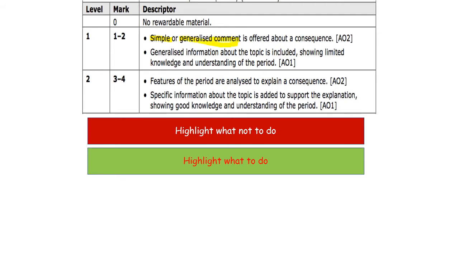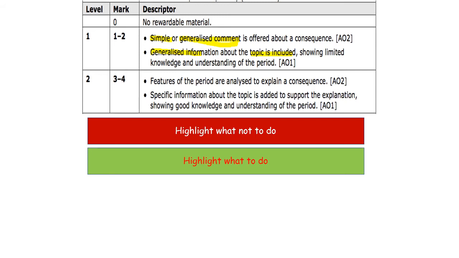And also, you need to avoid generalized information about the topic. So to avoid an answer that gets marked 1 and 2, you've got to really explain a consequence, and you've got to be really avoiding any general information.